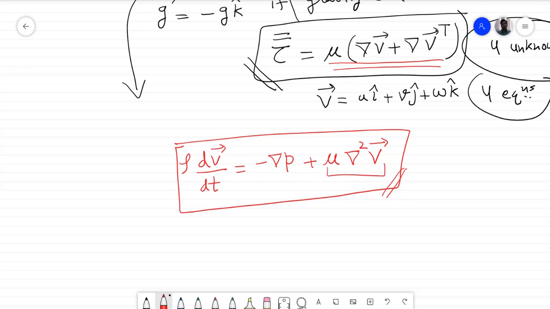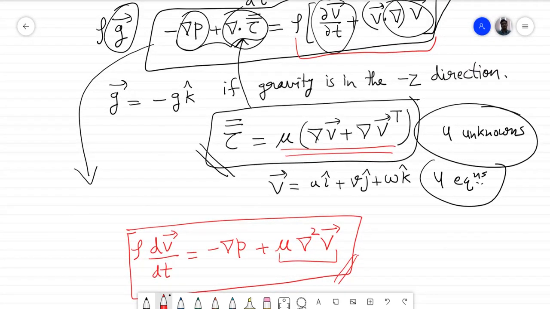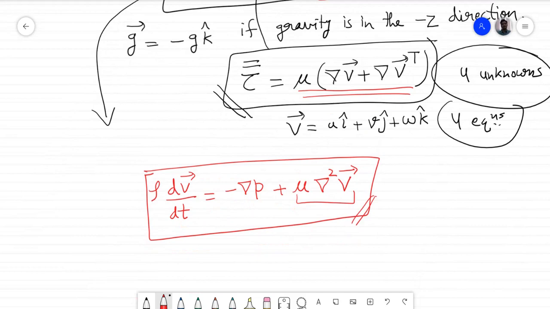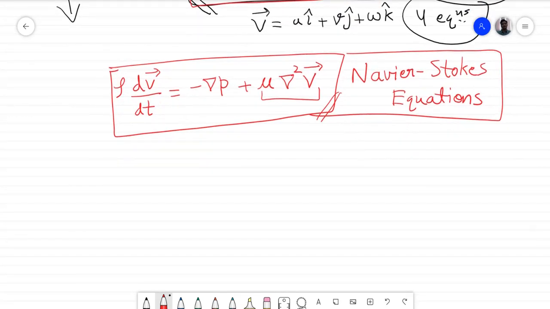Then you will get this term mu del square v, which comes from the del dot tau term after you substitute this constitutive relationship into that equation. So this equation is known as the Navier-Stokes equations, which is for a Newtonian fluid.